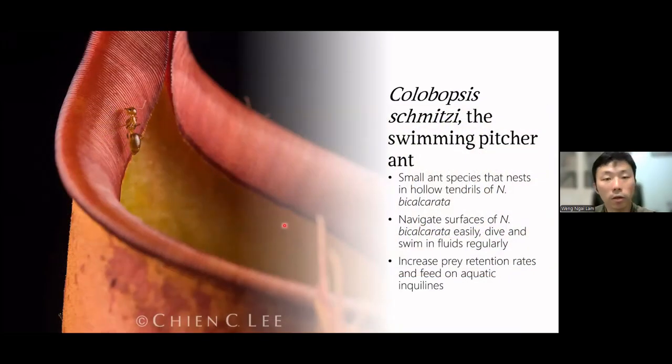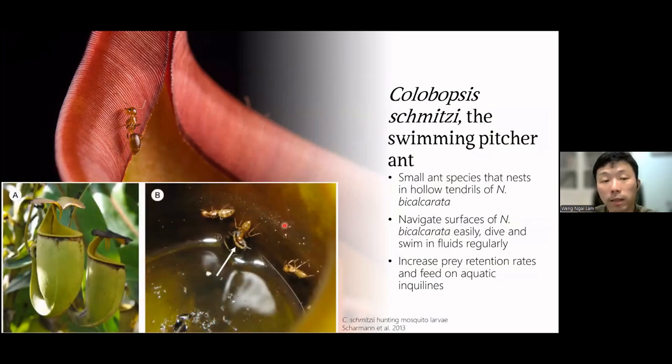The Colobopsis schmitzi is a swimming pitcher ant. It's a very well-known ant species. It's another predator. Now this is a terrestrial predator. I apologize that I made the transition without really talking about it. But these are terrestrial predators, I think made famous by Charles Clarke in the 1990s by many very interesting studies that he did. It's a small ant species that nests in the hollow tendrils of the Nepenthes bicalcarata.